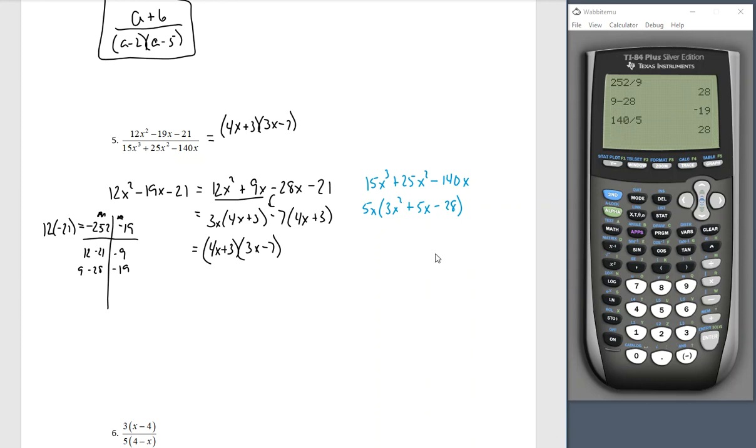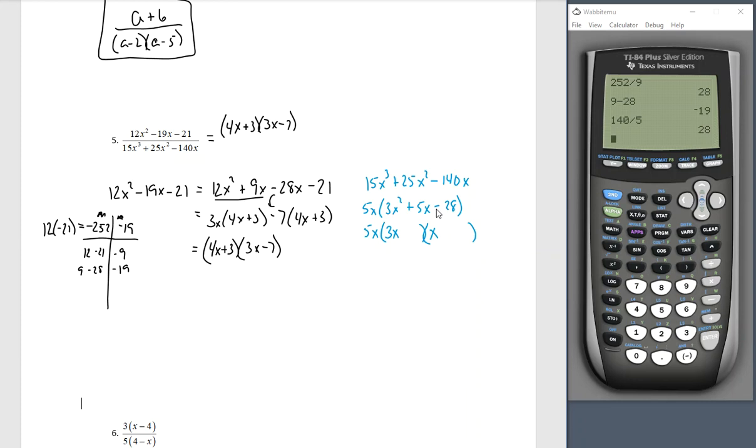Now here's a little tip for you. We're trying to cancel. So all we really care about is if something here in blue from the denominator matches exactly with something up here from the numerator in the factor. So when I do this, I'm going to hopefully have a 3x minus 7. What I'm thinking right now is, in order to get 3x squared, I'll have 3x times x.